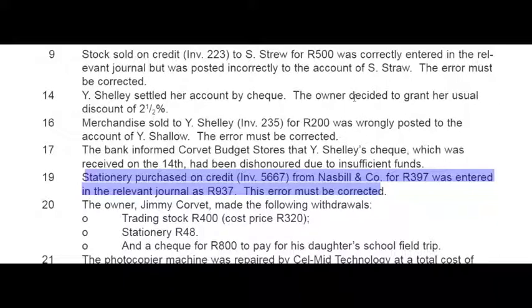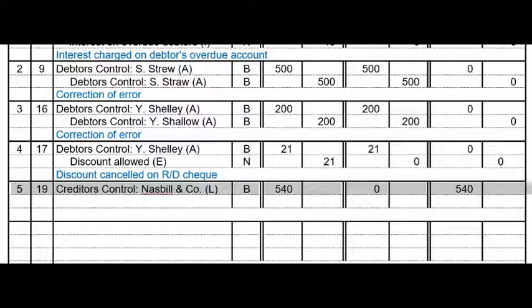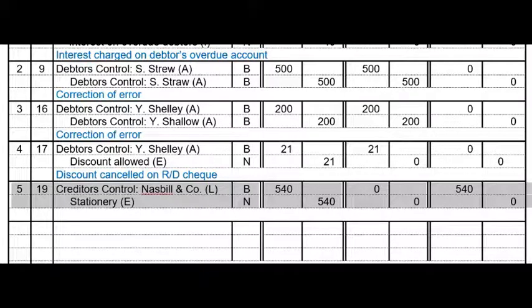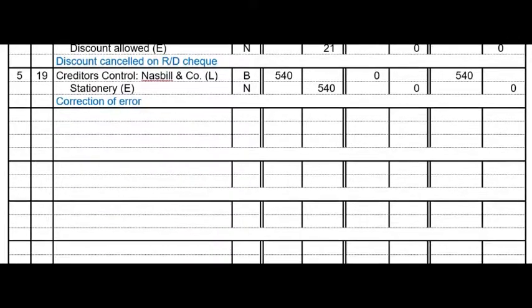So to go and reverse this, it will be done in the General Journal, and you will go and debit creditors control because you have to reverse that excess value and you have to go and credit stationery and you say correction of error. Remember, we did this calculation in the previous video.